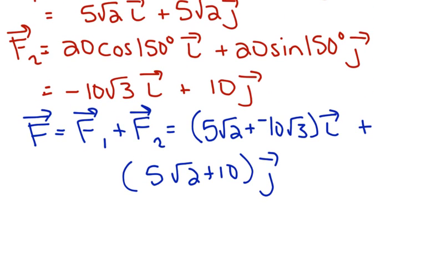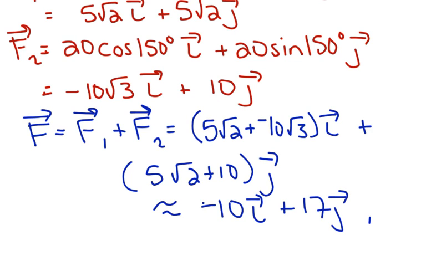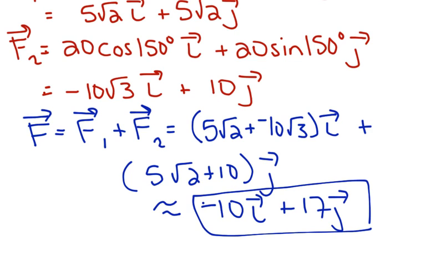If you put these in decimal form, you get approximately negative 10 i plus 17 j. And that is force vectors and other directional vectors on objects.